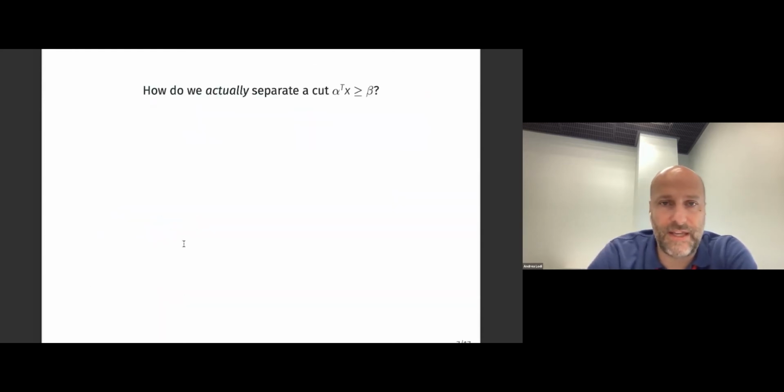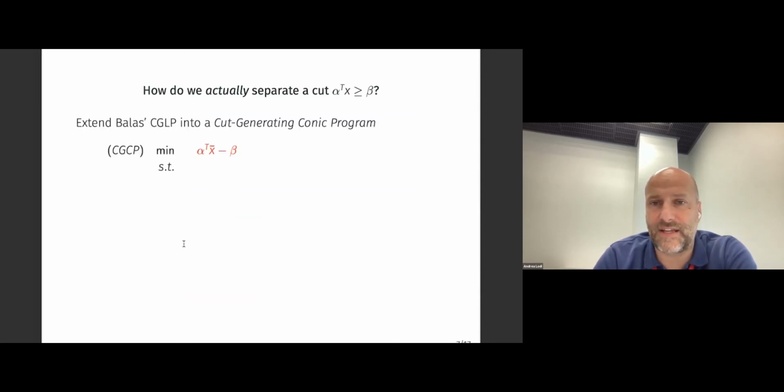So what I'm doing is I can find this cut by saying that I want, of course, the largest violation here. So I'm minimizing alpha transposed x bar minus beta, and I want this to be as small as possible. Essentially, this means that it will be a violated inequality.